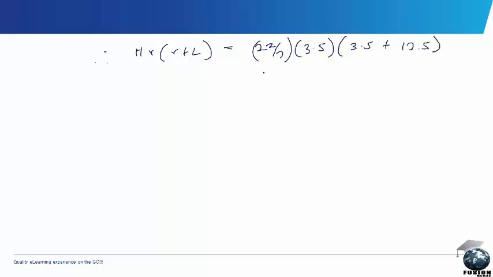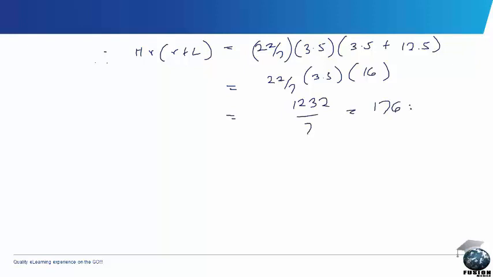So we have this equal to 22/7 times 3.5 times, when you add these two, 16. Multiplying the three of them, you have 1,232 all over 7, which will give you 176 centimeters squared as the total surface area. I hope you won't find this difficult.